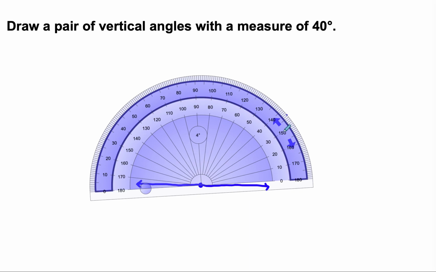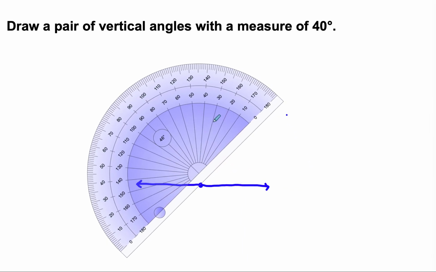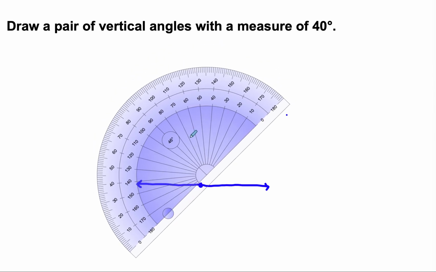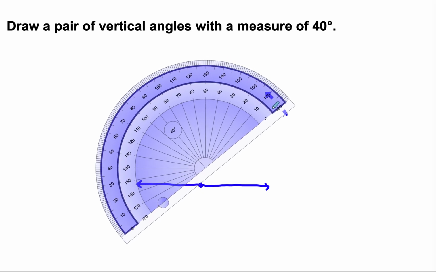Okay, so now we're going to rotate our protractor. This time we're lining up the bottom edge that we used to draw our first line nice and straight. Now this isn't rotating for me. What's going on? There we go. Okay.